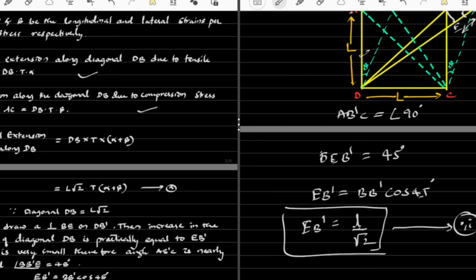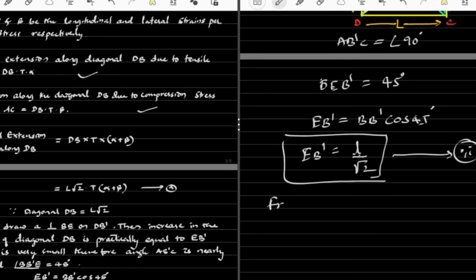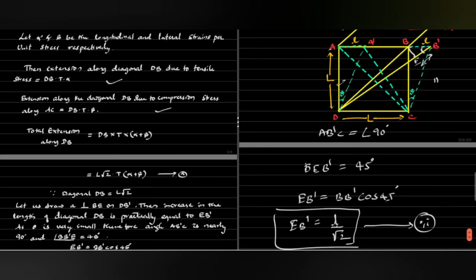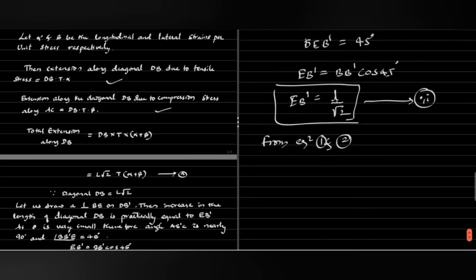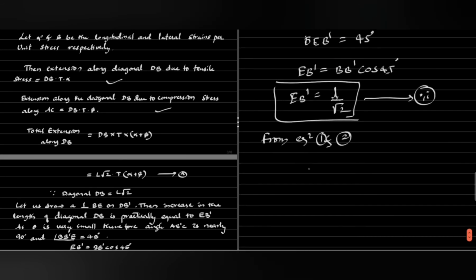From equation 1 and 2. So what is equation 1? Equation 1 is nothing but root 2 L, root 2 into T into bracket alpha plus beta, equals L divided by root 2.